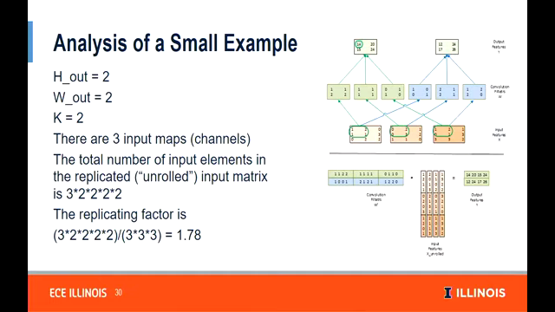And then the replicating factor in this case is you divide by the original input feature maps. So this is 3 channels, and each original feature map is 2 plus 2 minus 1 times 2 plus 2 minus 1.